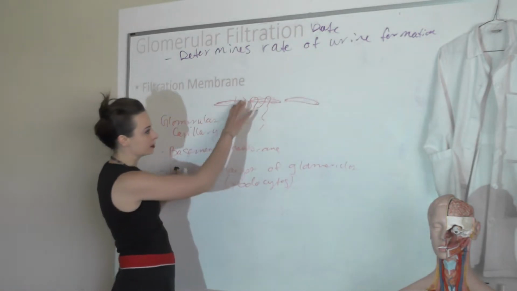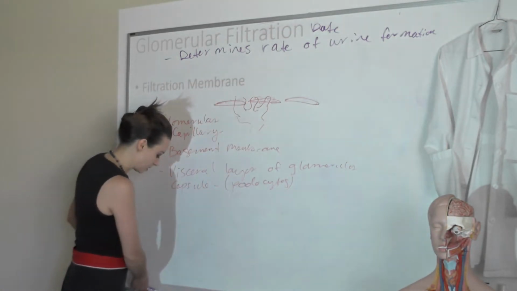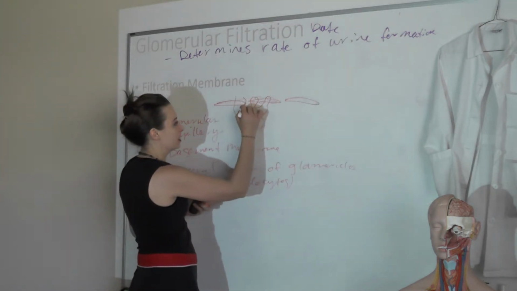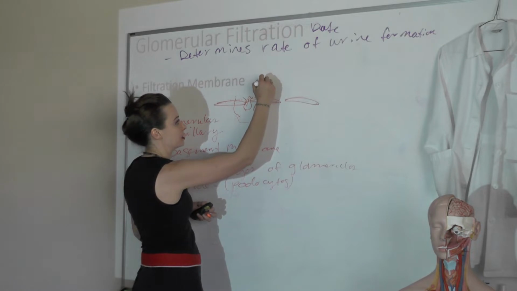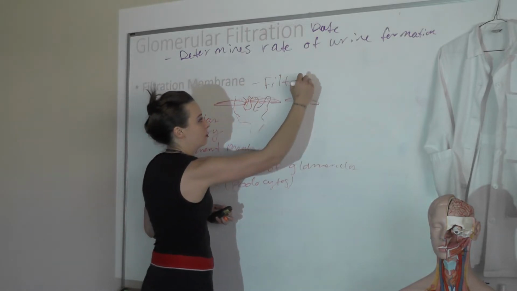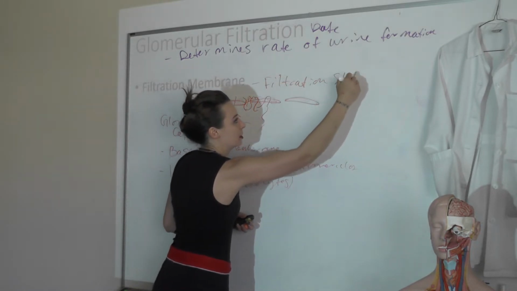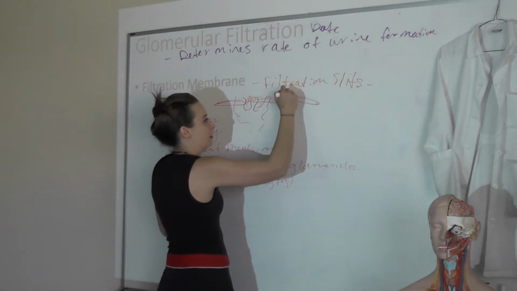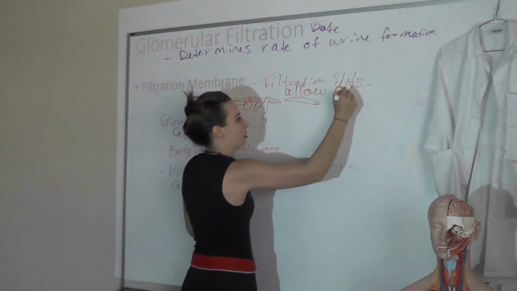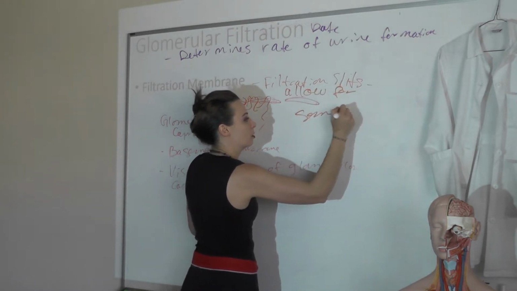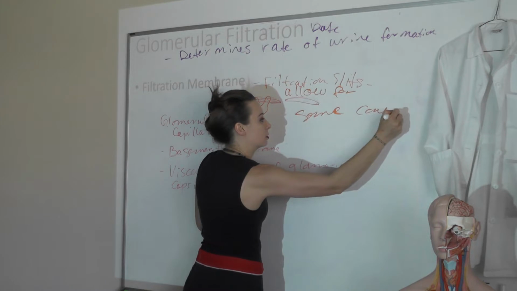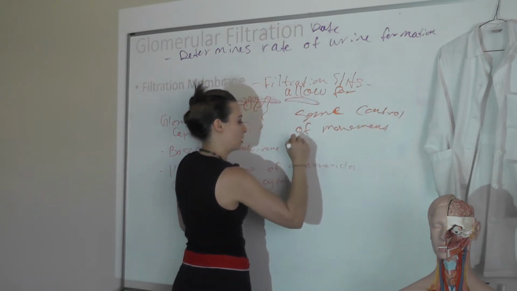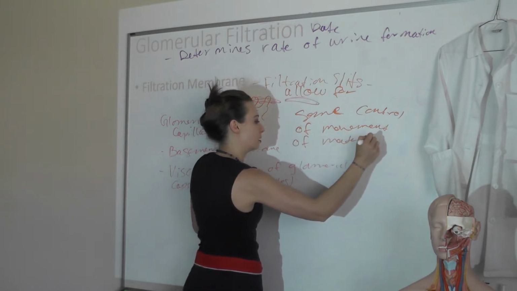And what happens as these podocytes wrap their feet around these glomerular capillaries, we get the creation of these things called filtration slits. And that's going to allow for some control of movement of materials out of the blood.